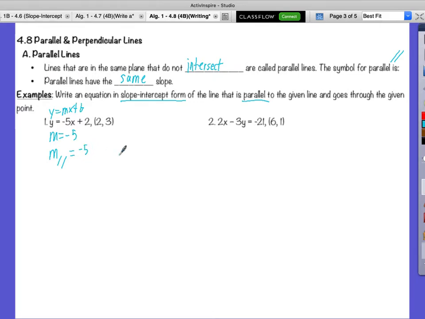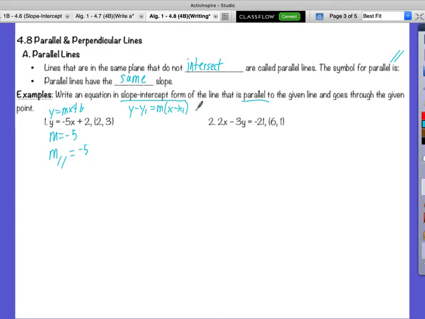So now, do we have the slope and a point? Yeah. So what can we do if we have a slope and a point? Use point slope. Just remind me again, what does point slope form look like? Very good.